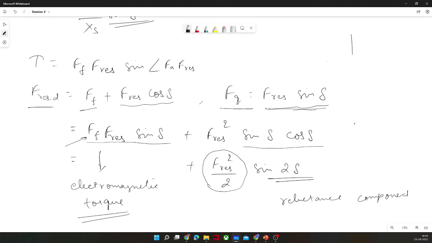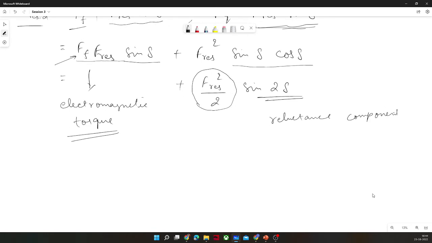It is generally the difference between the reluctance paths. It is generally found in salient pole type machines. So in a salient pole, let us say one alternate one, this is a stator surface. However, it would be in tooth shape, but let us say it is cylindrical. So this is the minimum reluctance path.